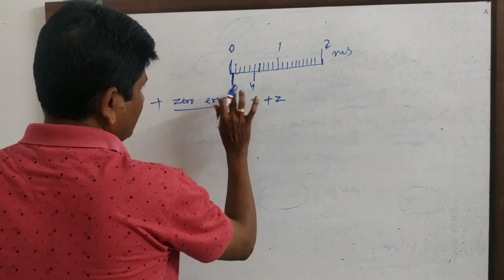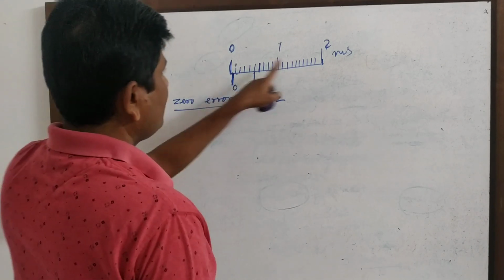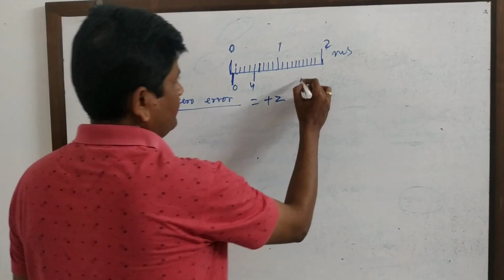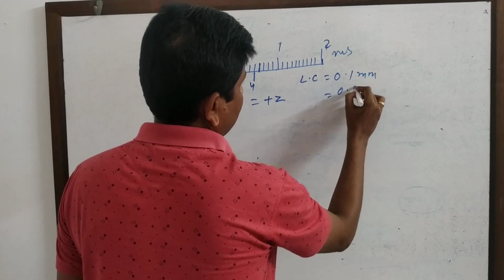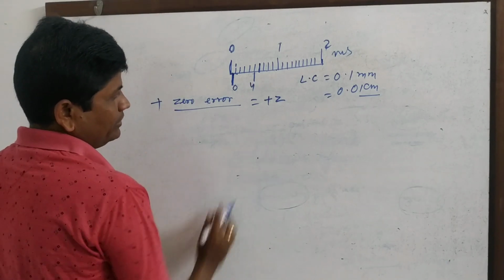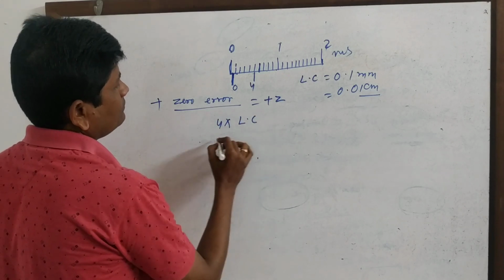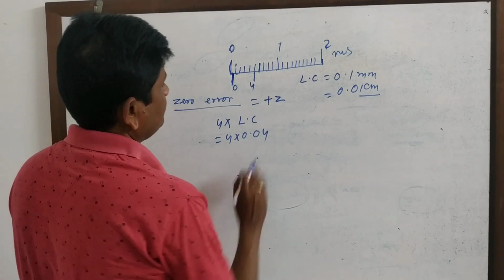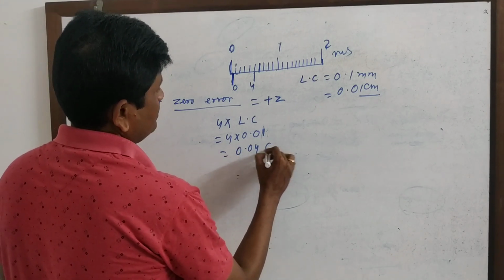Let the 4th division of the vernier scale coincide with any one of the main scale divisions. Then, if the least count is 0.1 mm, that is 0.01 cm, the positive zero error will be 4 into the least count, 4 into 0.01, that is equal to 0.04 cm.